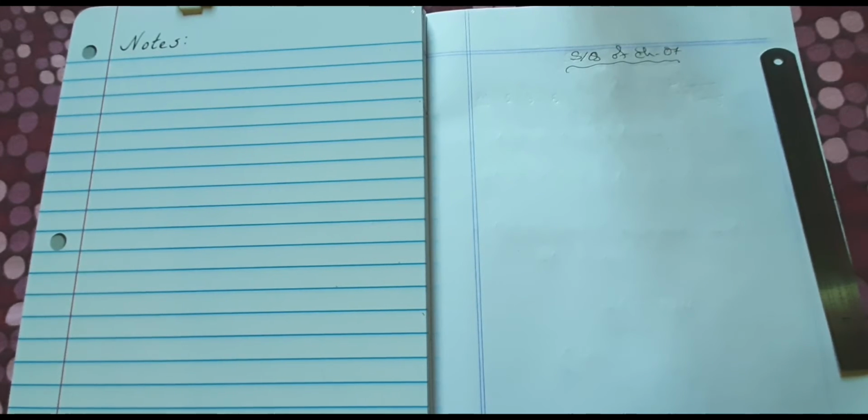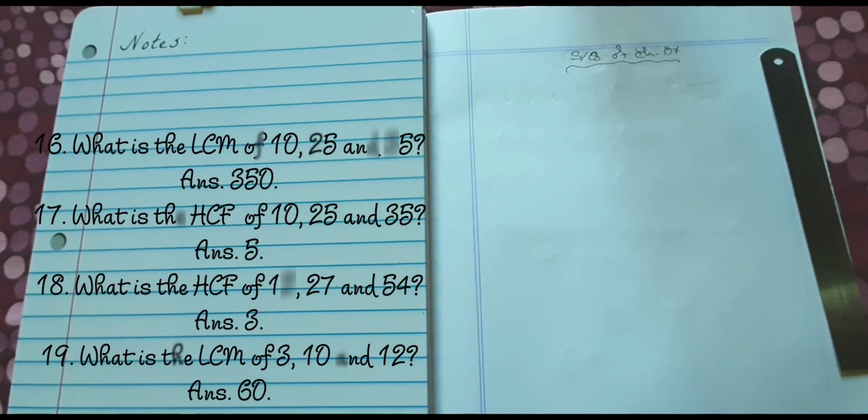The last few short questions I want to talk about: what is the LCM of 10, 25 and 35? The 17 number question is, what is the HCF of 10, 25 and 35? First I am going to do the Euclid method over here.